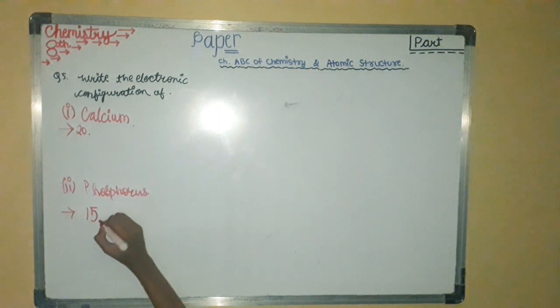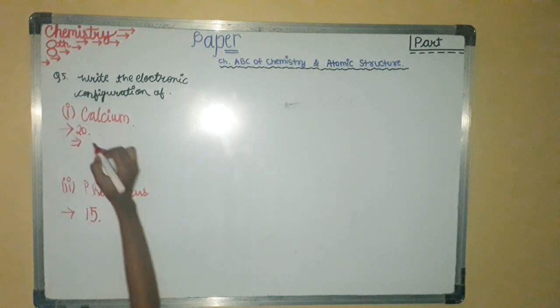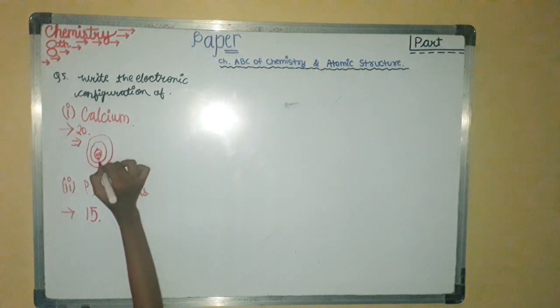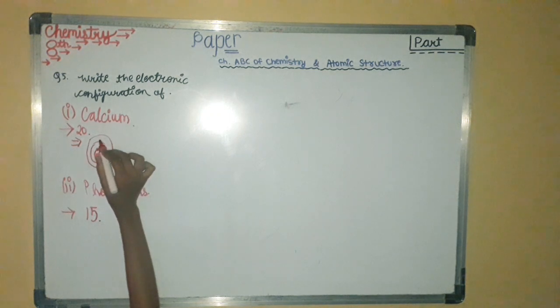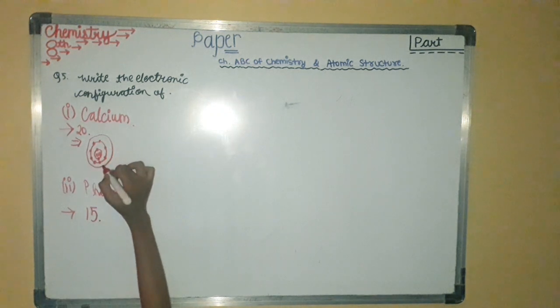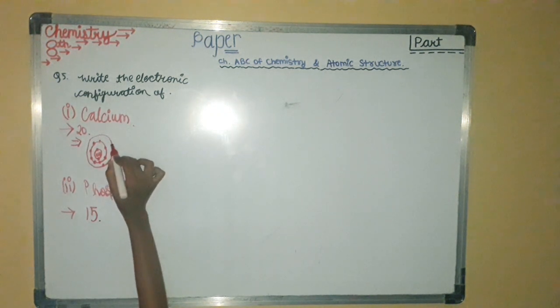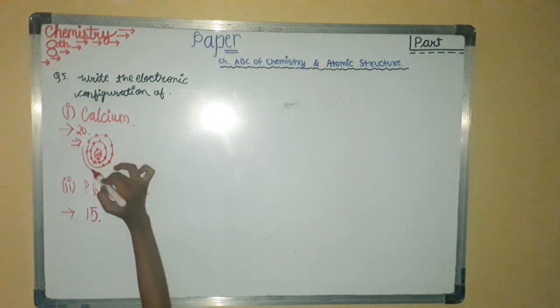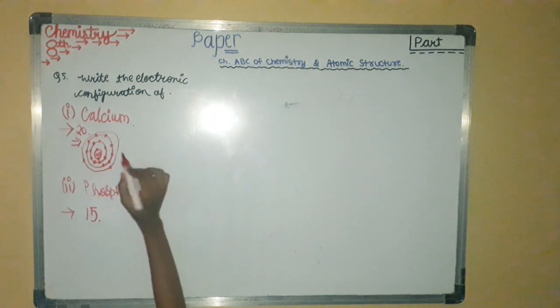Now electronic configuration. Here neutron plus proton. These two atoms, 2, 3, 4, 5, 6, 7, 8, 9, 10, 11, 12, 13, 14, 15, 16, 17, 18, and in this 20, 21.